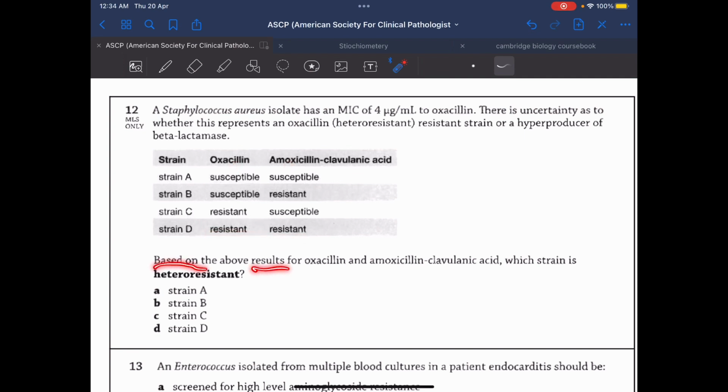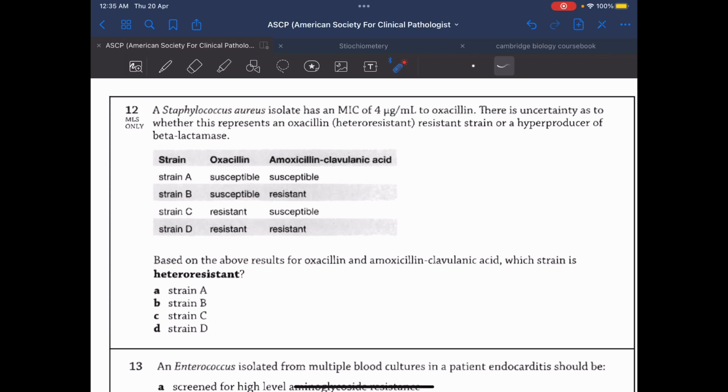Based on the above results for oxacillin and amoxicillin clavulanic acid, which strain is heteroresistant? Strain A, strain B, strain C, or strain D? A Staphylococcus aureus isolate with an MIC of 4 microgram per ml is resistant to oxacillin as per the Clinical and Laboratory Standards Institute CLSI guidelines.